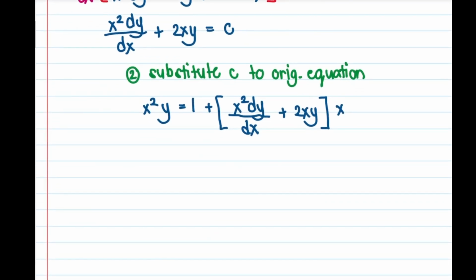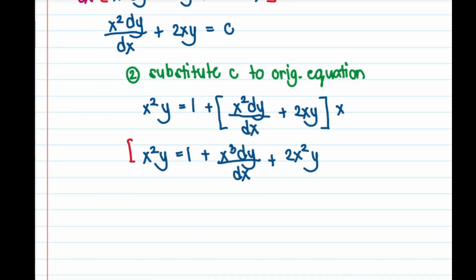So that one will be x squared y equals 1 plus x cubed dy over dx plus 2x squared y. Okay, so we can multiply both sides by dx to eliminate dx.